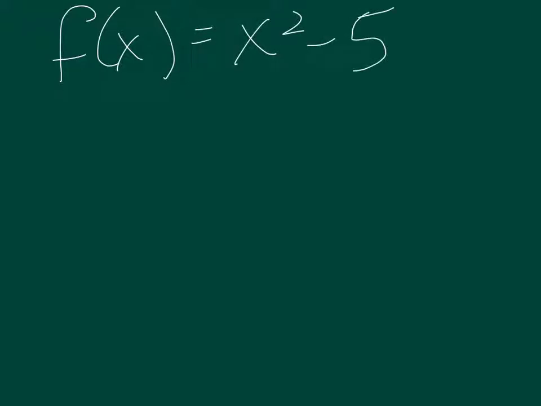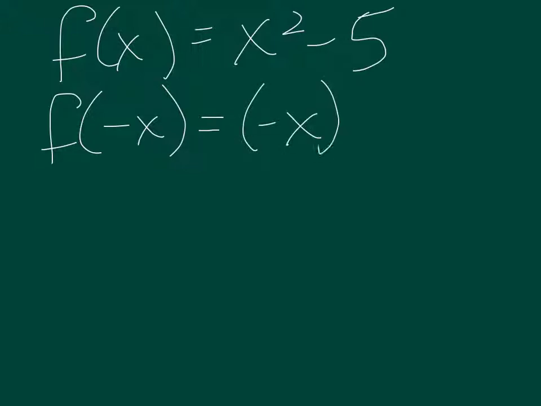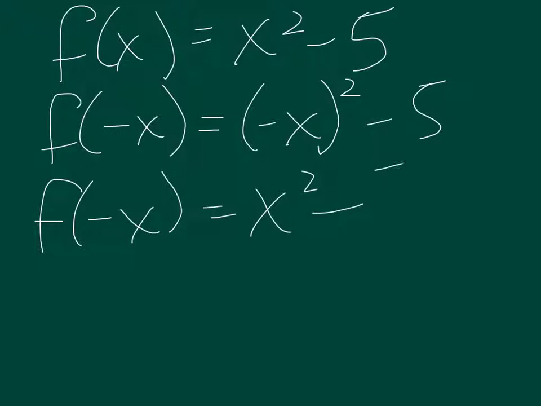Now say that you don't have the graph of a function, but you do have the equation. So let's take f of x equals x squared minus 5. How do we know if this function is odd or even? Well, if we plugged in negative x for x, negative x squared minus 5, f of negative x is x squared minus 5.